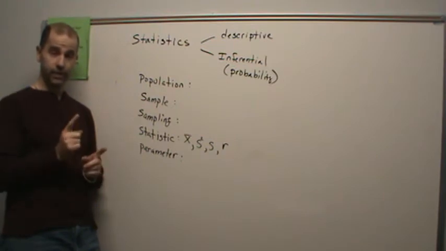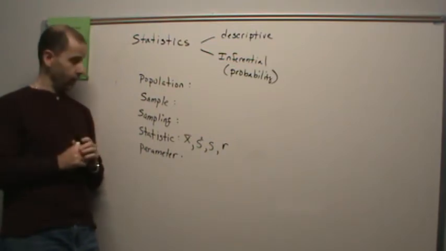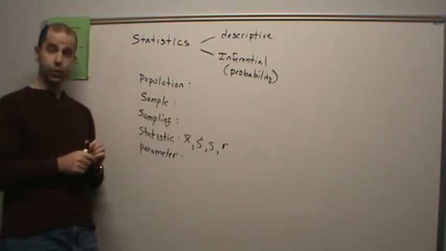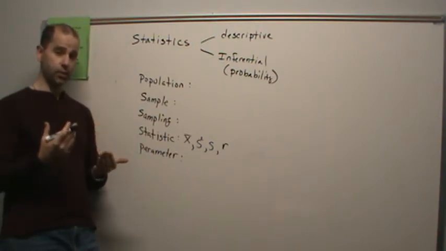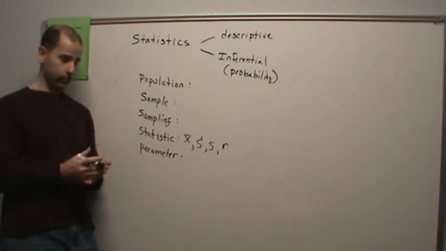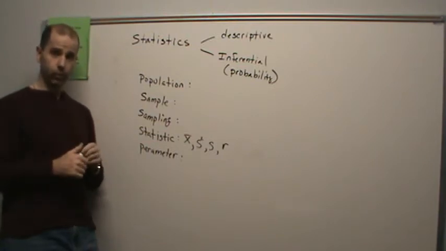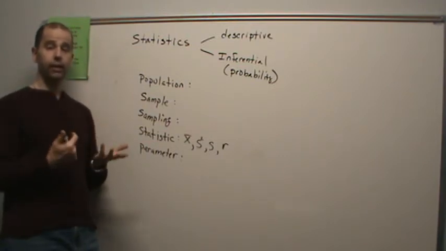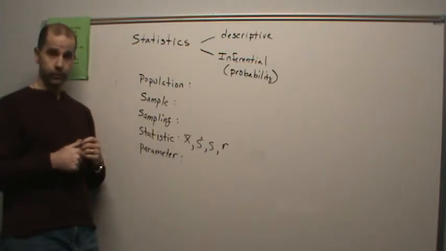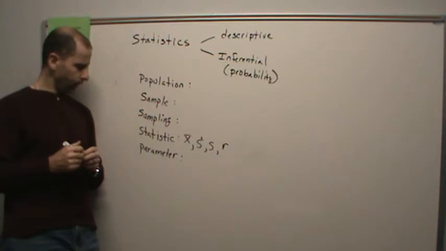So the difference is one word. A statistic is a numerical value that represents a characteristic of a sample. A parameter is a numerical value that represents a characteristic of a population.